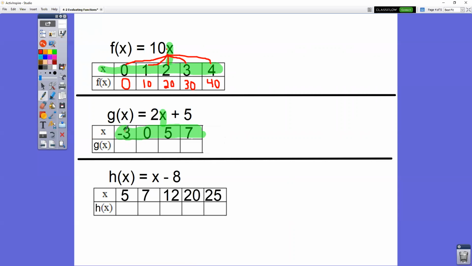So we're going to have 2 times -3, which is -6, plus 5 is -1. 2 times 0, which is 0, plus 5 is 5. 2 times 5, which is 10, plus 5, which is 15. 2 times 7, which is 14, plus 5 is 19. So you're just taking each of these numbers and individually subbing them in for x. Go ahead and try that third one on your own, please.